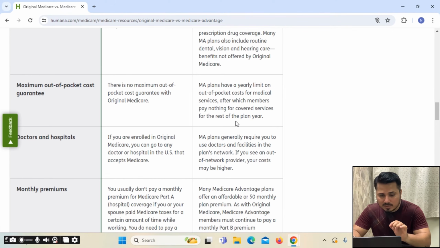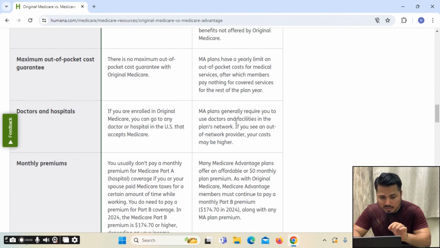Now, maximum out of pocket cost guarantee. Here, there is no maximum out of pocket cost guarantee with original Medicare, guys. Now, MA plans have a yearly limit on out of pocket costs for medical services, after which members pay nothing for covered services for the rest of the plan year.